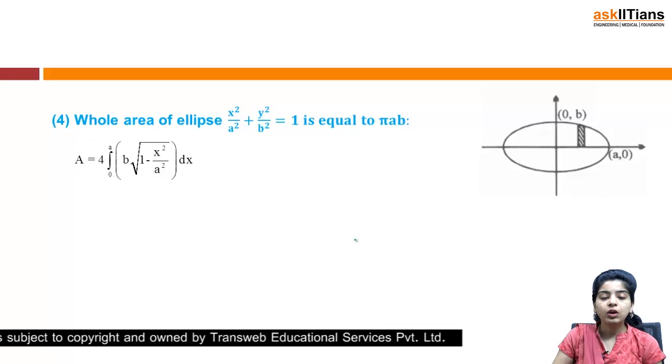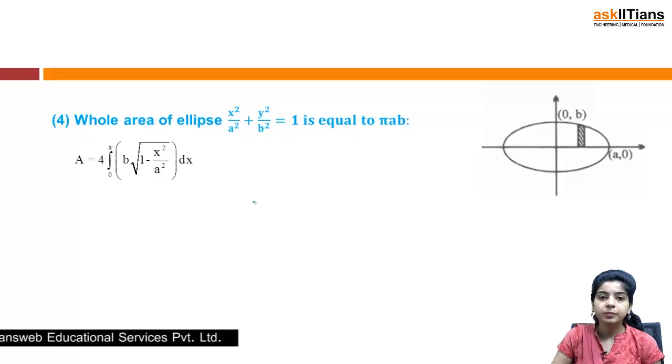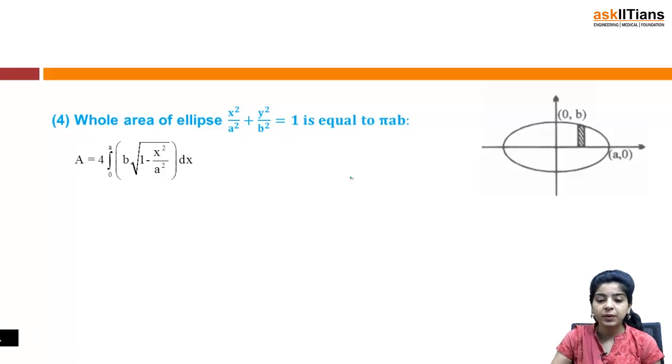Next is the whole area of the ellipse x square by a square plus y square by b square equal to 1, which is pi ab. This is a common formula and most of you must be knowing this also. The area is simply 4 times the integral from 0 to a of y dx.